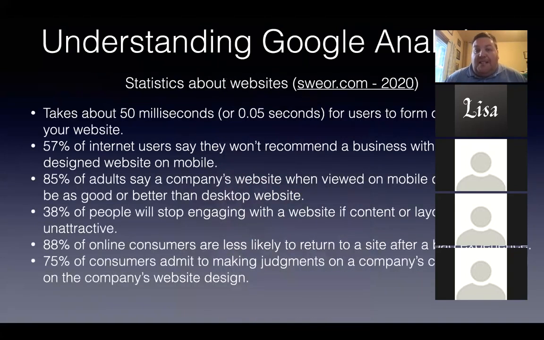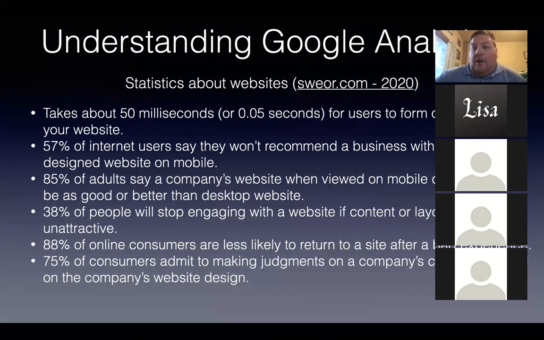So here are some statistics about website usage. It takes about 50 milliseconds, or 0.05 seconds, for users to form an opinion about your website. 57% of internet users say they won't recommend a business with a poorly designed website on mobile. 85% of adults say a company's website, when viewed on a mobile device, should be as good or better than the desktop website.